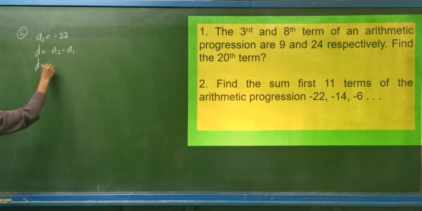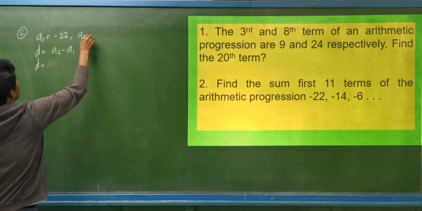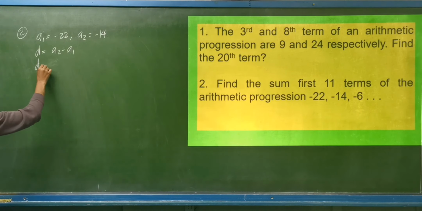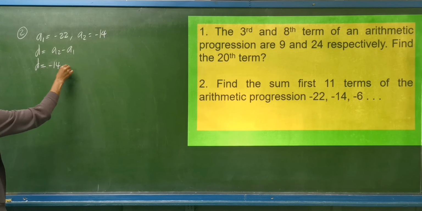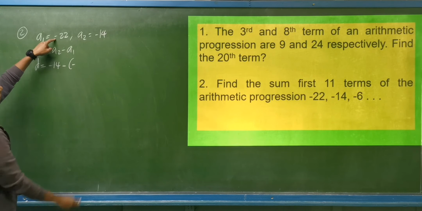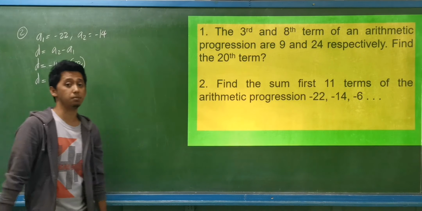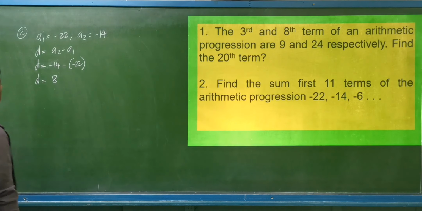We have a sub 2 equal to negative 14, minus negative 22. So obviously our common difference is positive 8.